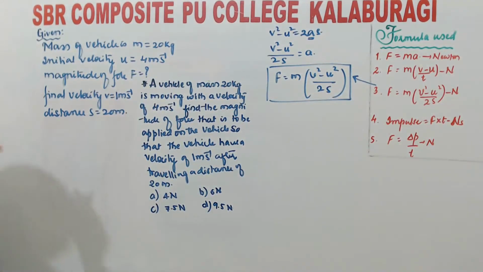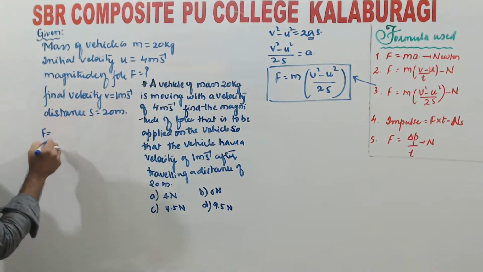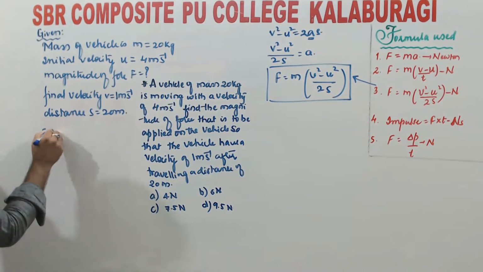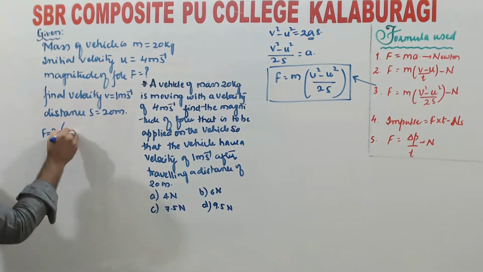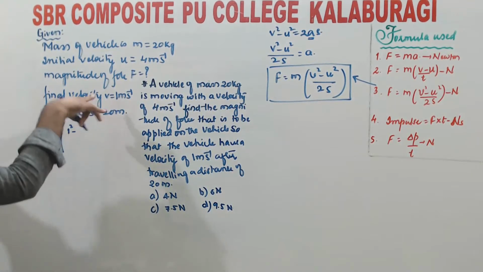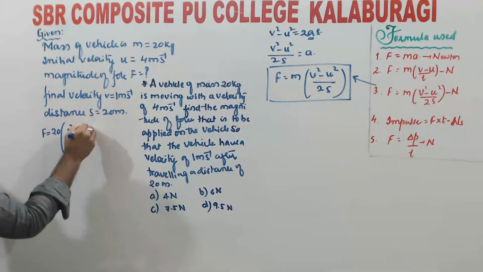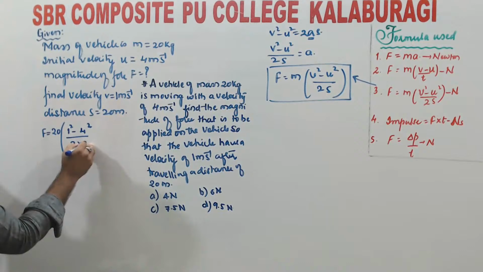Then substituting the given values. Force is equal to mass 20 kilograms, into big bracket: final velocity 1 square minus u square, 4 square, divided by 2 into s, which is 20.